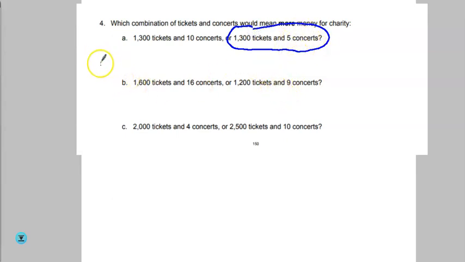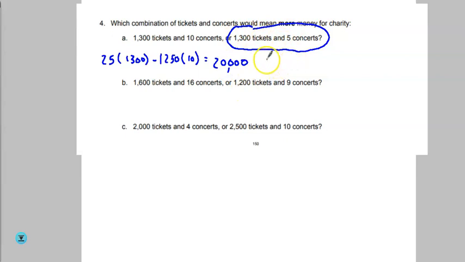But we can always check them because we know $25 for every ticket minus $12.50 for every concert. You can just put that in your calculator, put that in Desmos. 25 times 1,300 tickets minus $12.50 for the 10 concerts. That would raise exactly $20,000, what we're trying for.